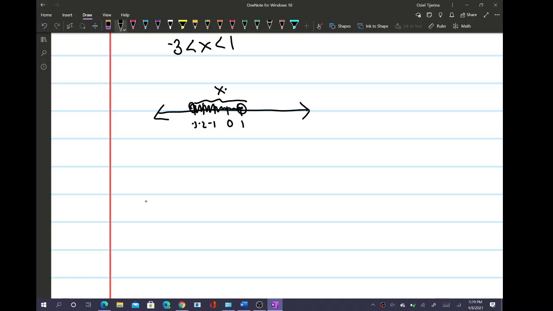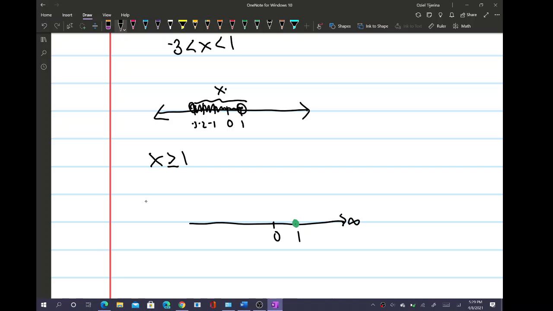Now let's say I were to do x is greater than or equal to 1, right? You would do a closed circle at 1, and it's greater than or equal to 1, right?